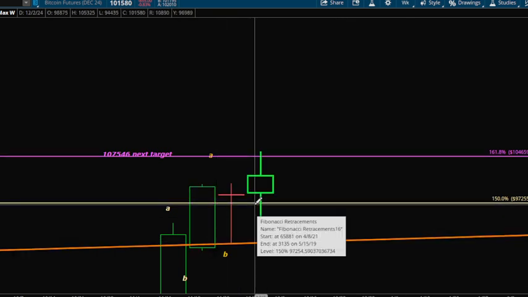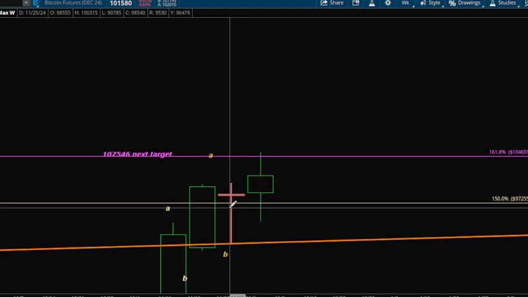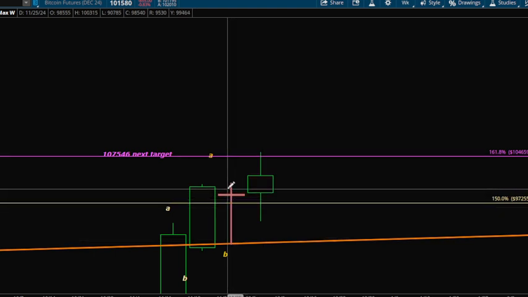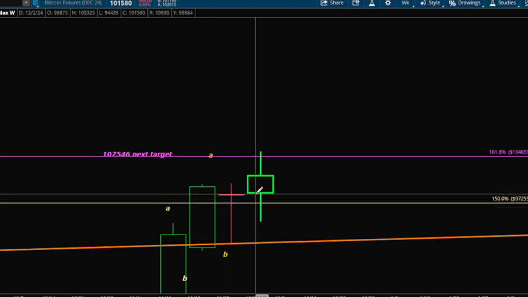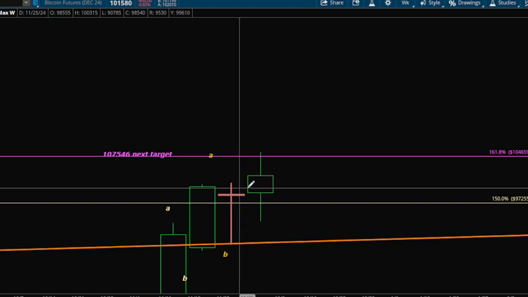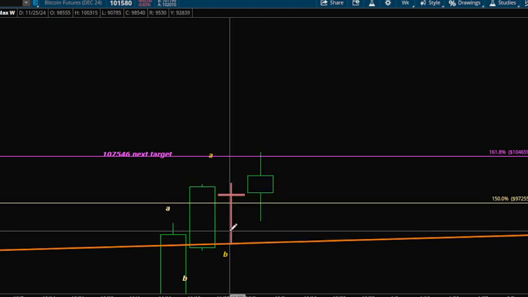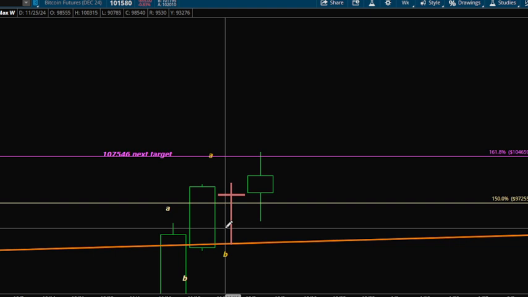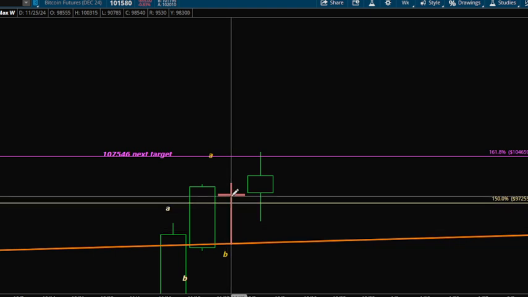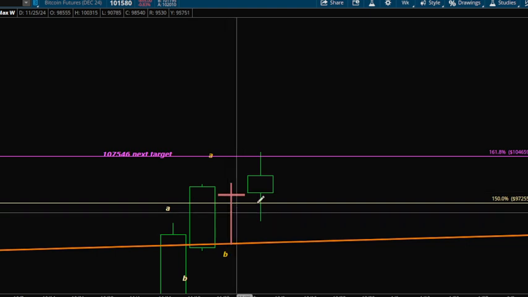Yeah, so here's a pullback though. Remember, this is the weekly time frame, so this could have been a whole week of correction. It just doesn't seem like it's done correcting.